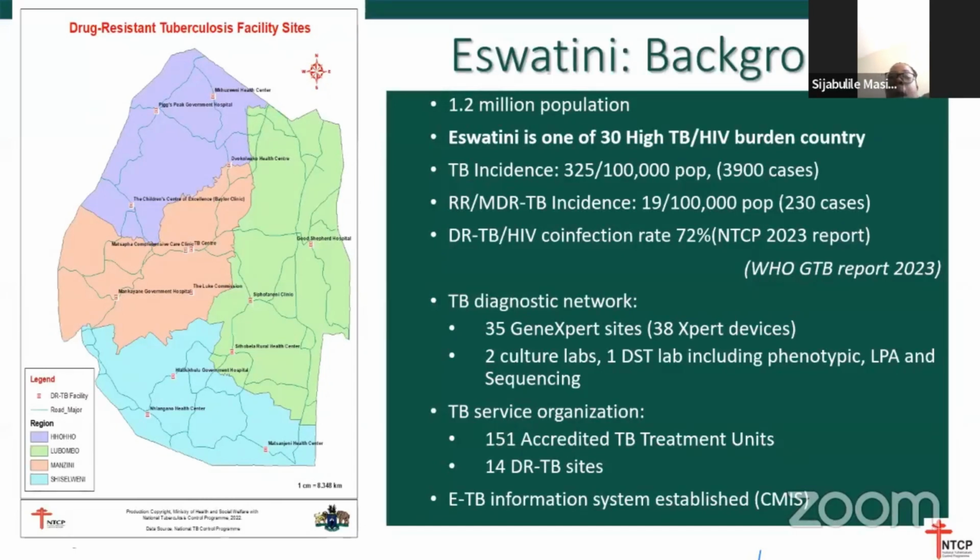Then our TB service organization, we have 151 accredited TB treatment units with 14 TRS sites. Right now we have an electronic TB information system established, the CMIS. On the left side, we have a picture of Eswatini with the decentralized 14 TRS sites.